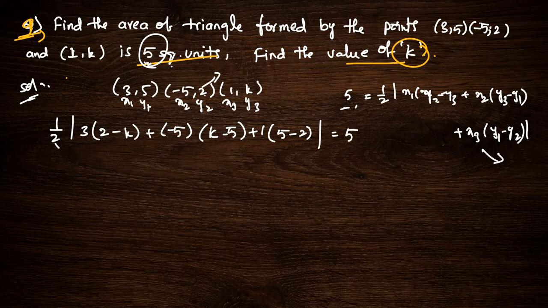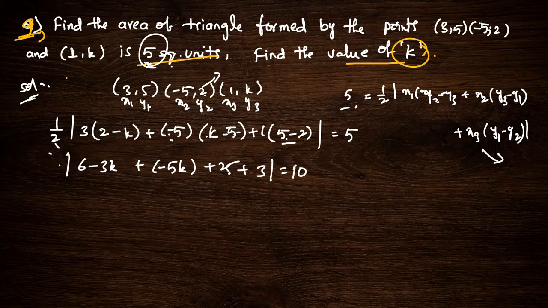The 2 goes to the right side and it becomes 10, and the modulus remains. So it becomes 6 − 3k, plus −5 into (k − 5), which is −5k + 25, minus into minus gives plus, and 5 − 2 is 3, equal to 10.